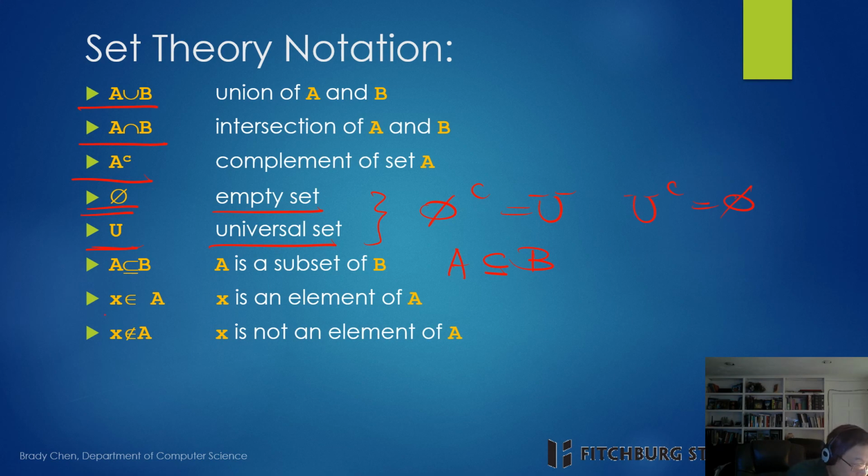We use the notation belongs to, so if X is an element of A, we say X belongs to A, and X does not belong to A. These are all the notations we're going to use. Just keep that in mind.